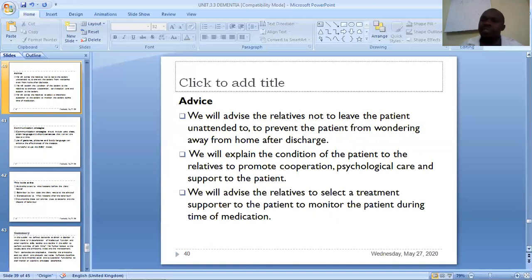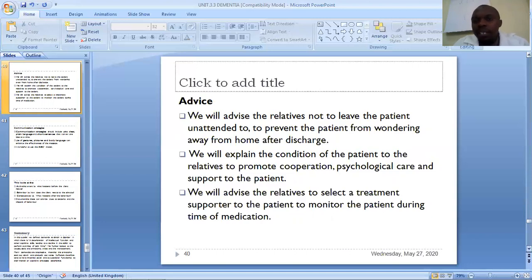What advice can you give to the patient and the relatives? Advise the relatives not to leave the patient unattended, to prevent the patient from wandering away from home after discharge, meaning that every time there should be someone with this patient.